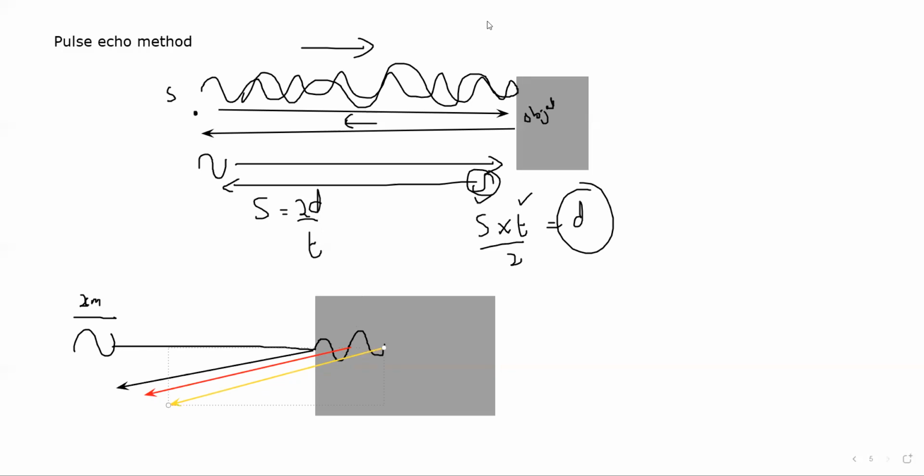Then it continues its vibration, and again a part of the pulse will bounce back. It further continues its vibration, and a part of the pulse will bounce back. And then it will bounce back from the end as well.